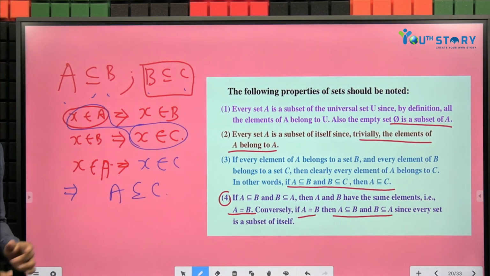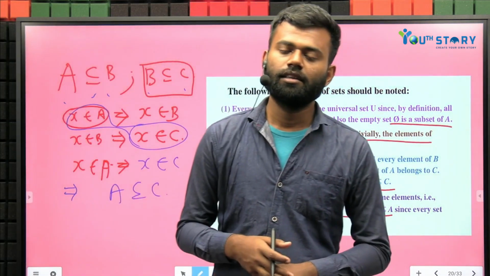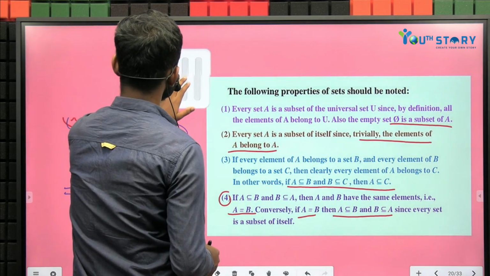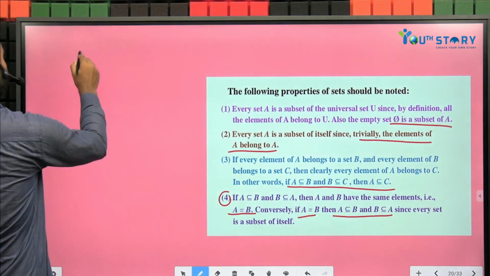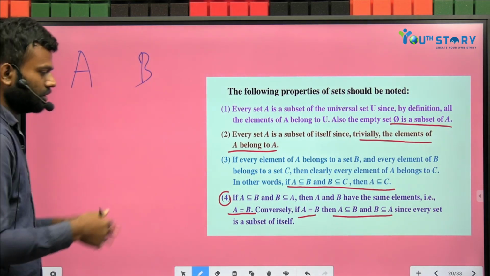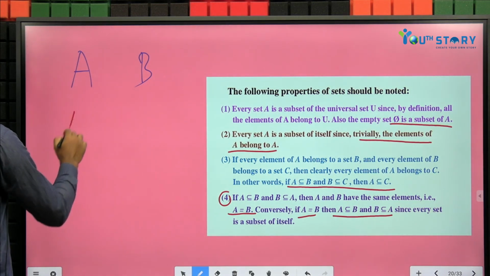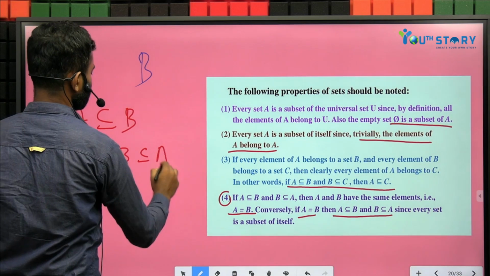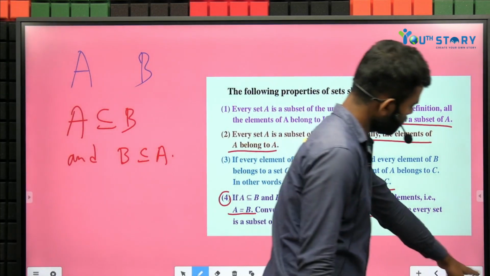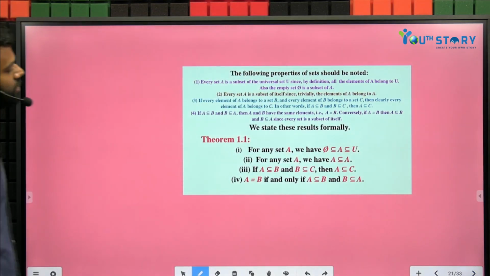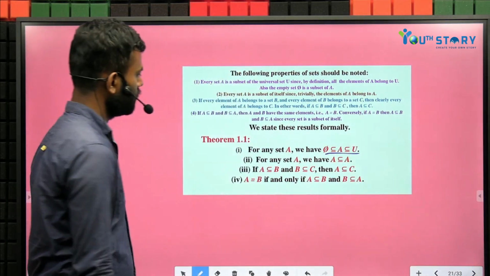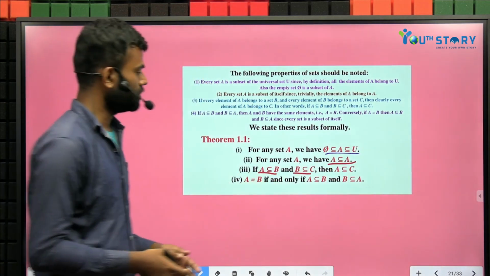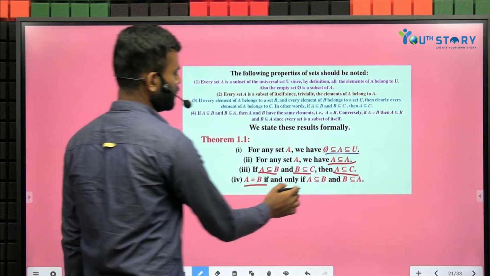So if we try to prove that two sets are equal, suppose we are given sets A and B and we have to prove that A equals B, then first we have to show A is a subset of B and B is a subset of A. Next, for any set, empty set is a subset of A, which is a subset of U, and A is a subset of A; A subset of B subset of C implies A subset of C; and A equals B if and only if this condition holds.